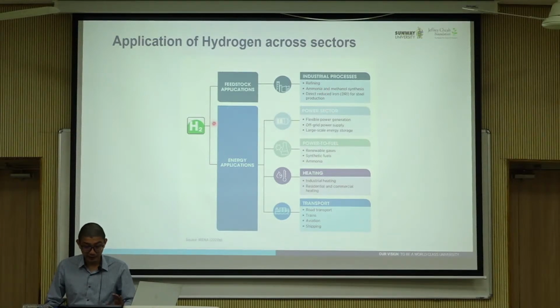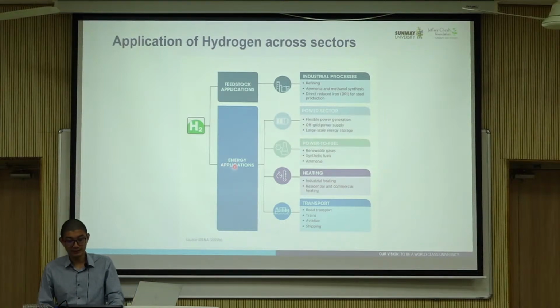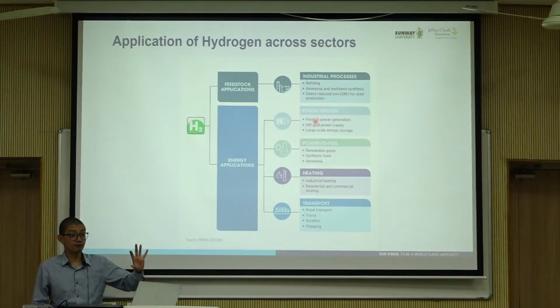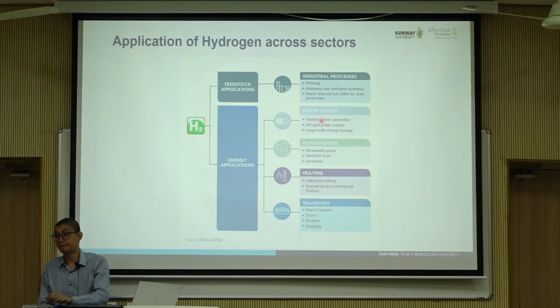But at the same time, if we use hydrogen as an energy application, first, like what I mentioned just now, it can produce electricity directly through power plant generation. It can also produce off-grid power supply for some rural areas. That is very good.